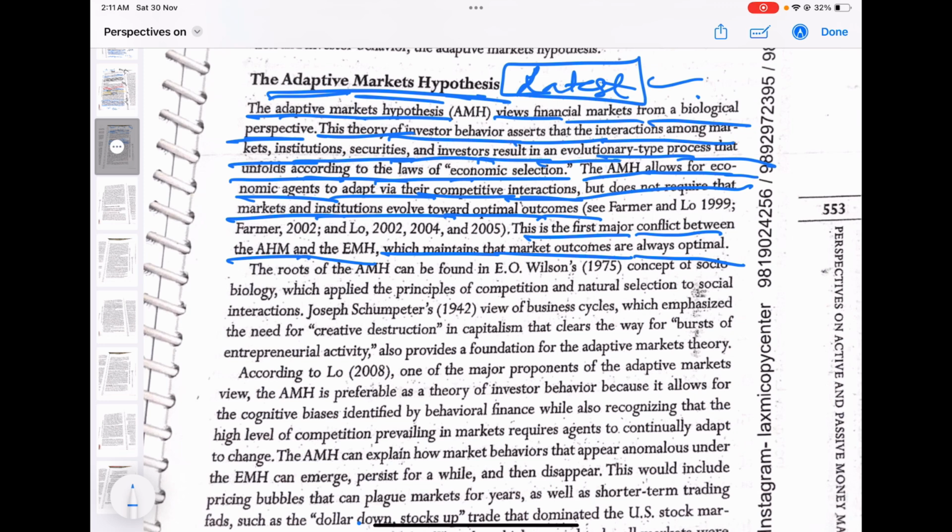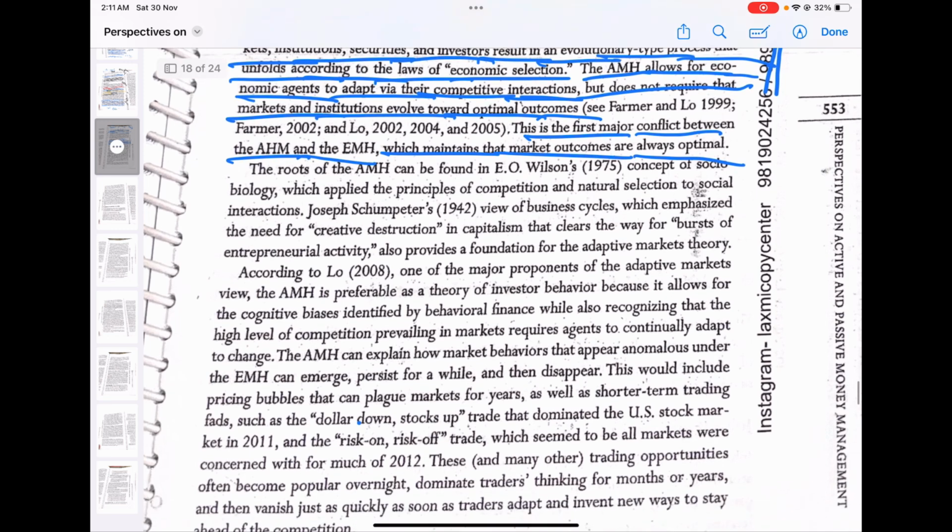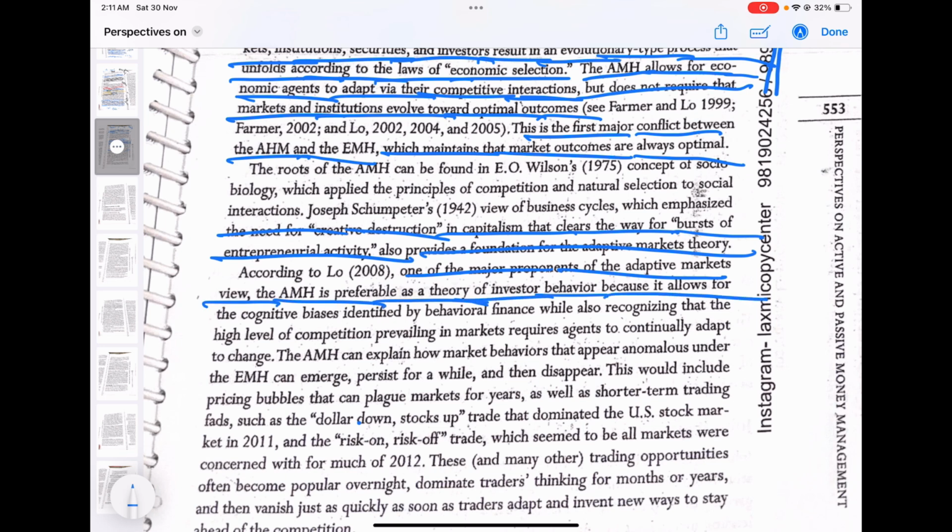The roots of the AMH concept are in sociobiology, which applies evolutionary principles, and emphasize the need for creative destruction in capitalism that creates bursts of entrepreneurial activity. The AMH is preferable as a theory of investor behavior because it allows for the cognitive biases identified by behavioral finance, but it also recognizes the high level of competition prevailing in markets which continually adapt to change.